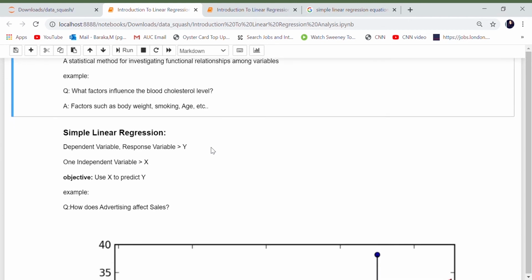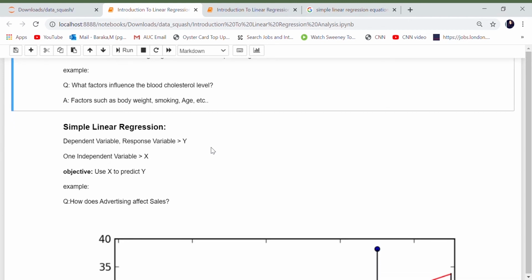Now we're going to talk about simple linear regression. In simple linear regression, we have only one x and one y. So the y here is the dependent variable, or also called the response variable, and y is the variable that we're trying to predict. This is the variable that we're interested in and we want to know more about.